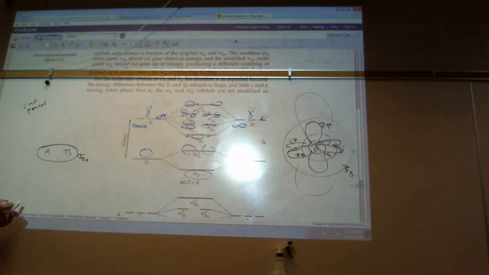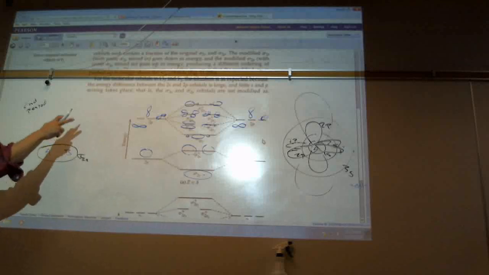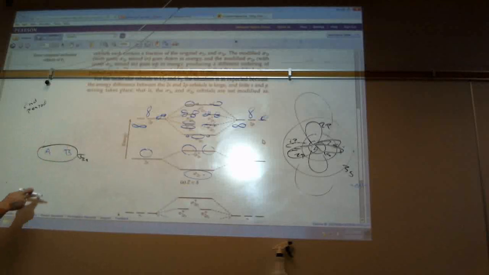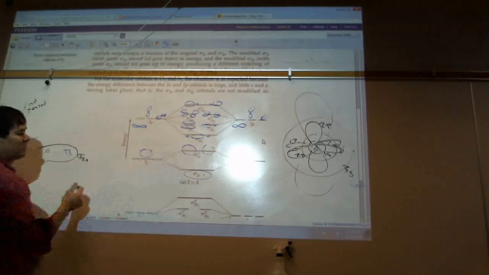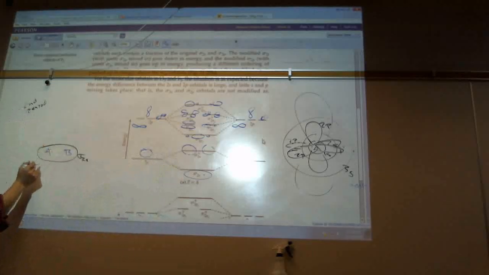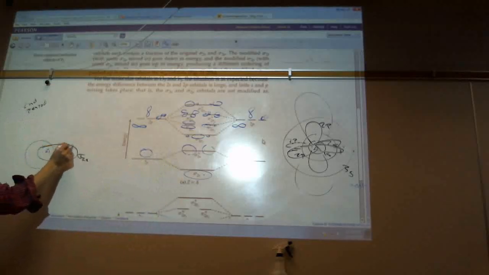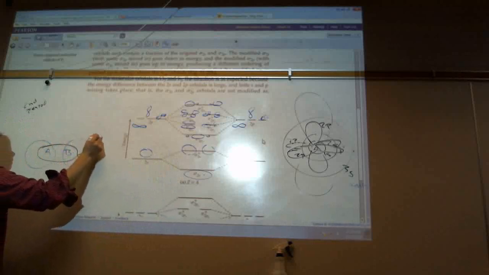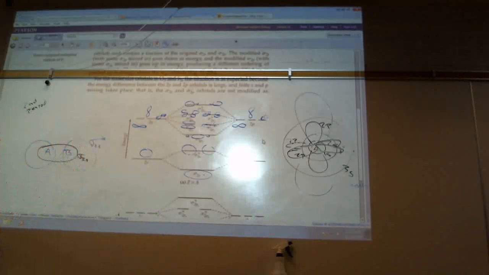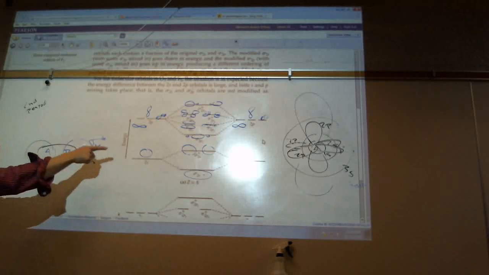After the sigma 2s comes the sigma 2s star. It's up there in energy, but it's the next energy after. Let's do that. Sigma 2s star. Then what? The sigma 2p.